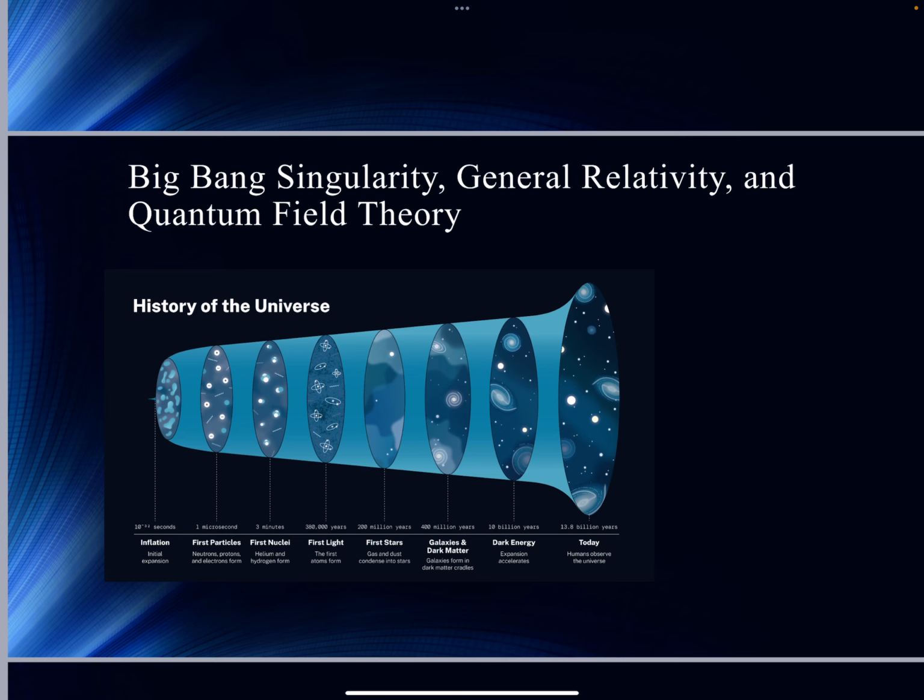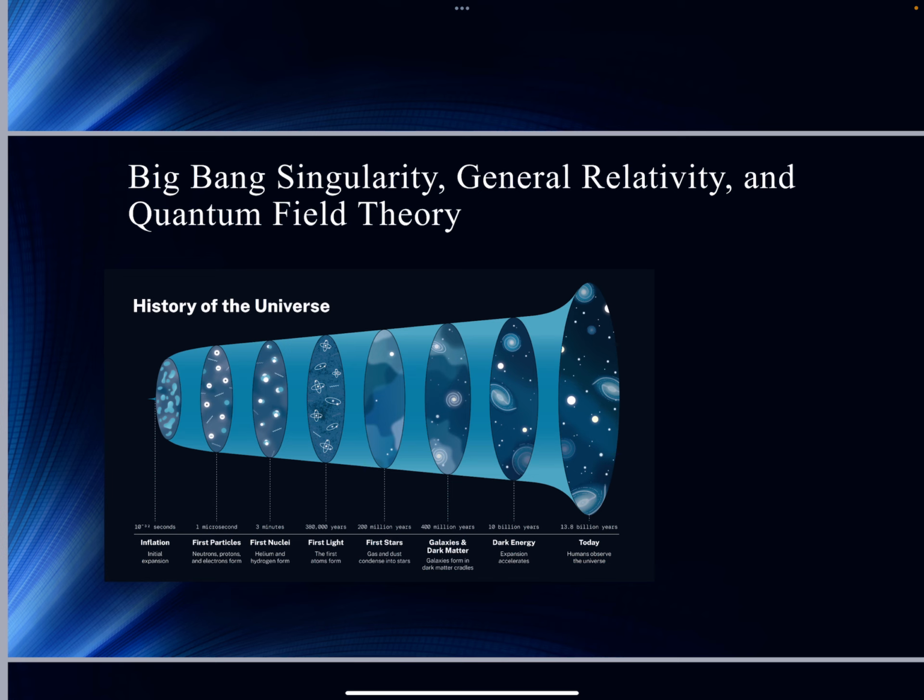It was very dense, and the entire universe would have been on the scale of the Planck length, essentially immediately after expansion. And at that scale, quantum effects are going to dominate. Essentially, the whole universe you could think of as being a quantum universe at that point. So if you want to talk about the universe at that point, you have to include quantum gravity. There's no real way around that.